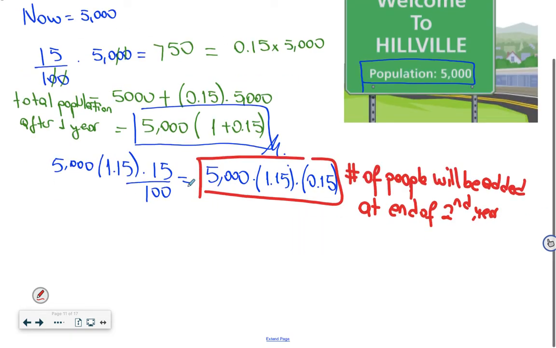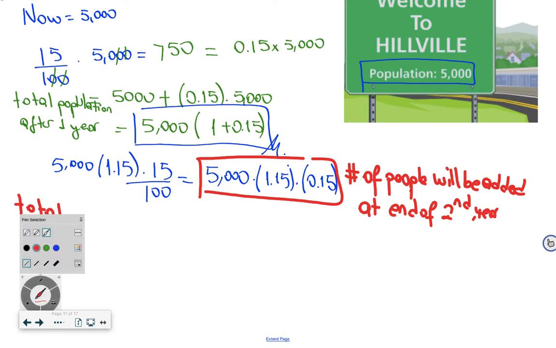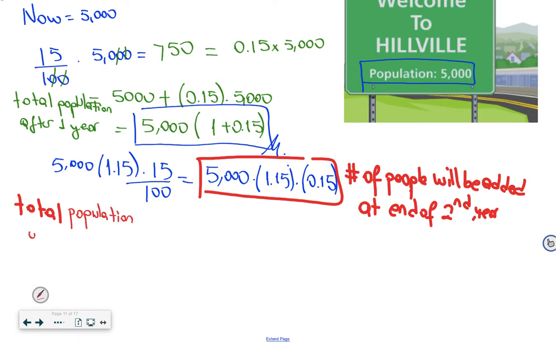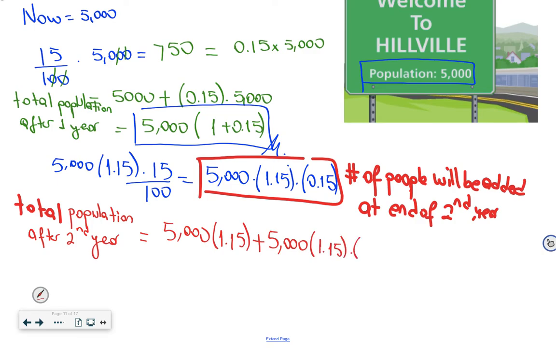Now, what is the total population after the second year? In the previous year, the population was 5,000 times 1.15, plus this is going to add 5,000 times 1.15 times 0.15.